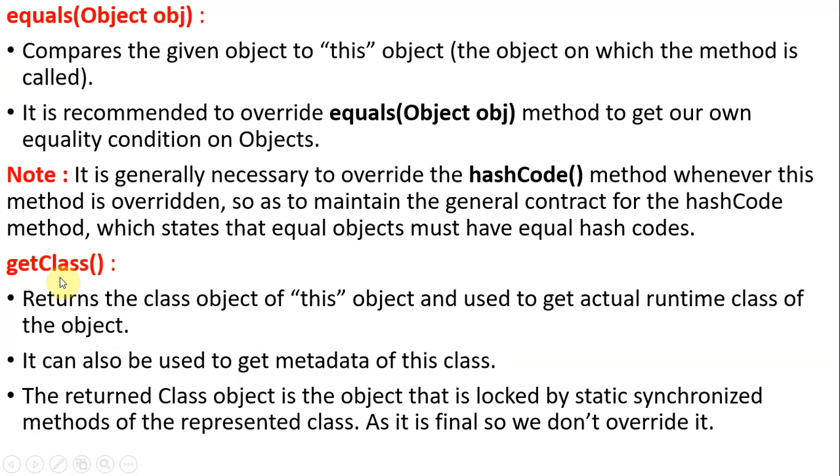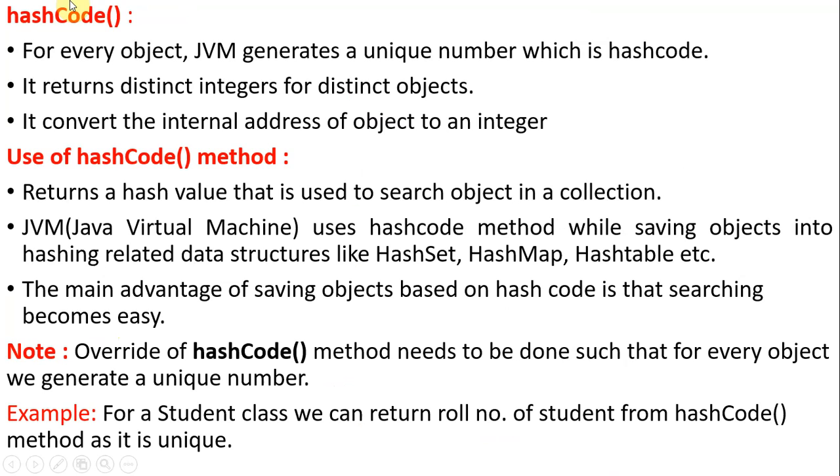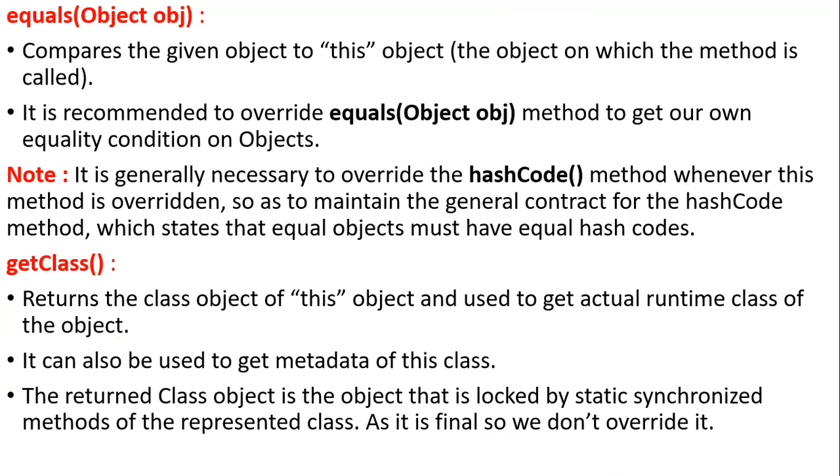This getClass is a method with a static definition, so we don't need to override it. For hashCode and equals we have to override them, but for getClass we don't need to, because it is a static method.